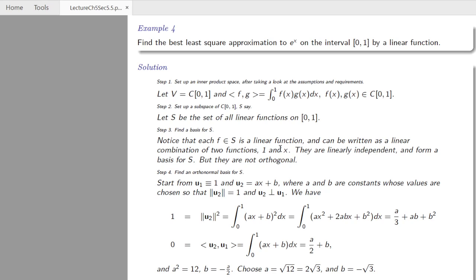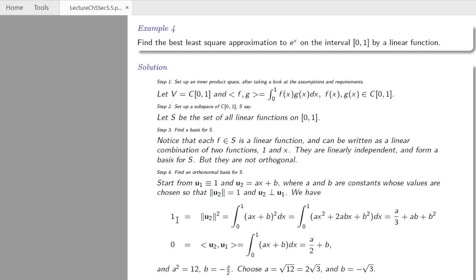In this case, what we need to do is make the length of these two vectors equal to 1. For function 1, or vector u1 here, the length for sure is 1. Then we need to make u2 have norm 1.